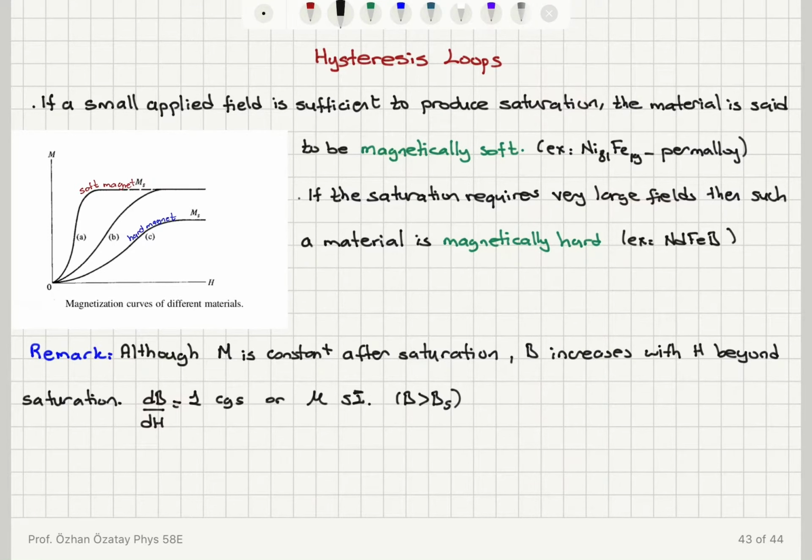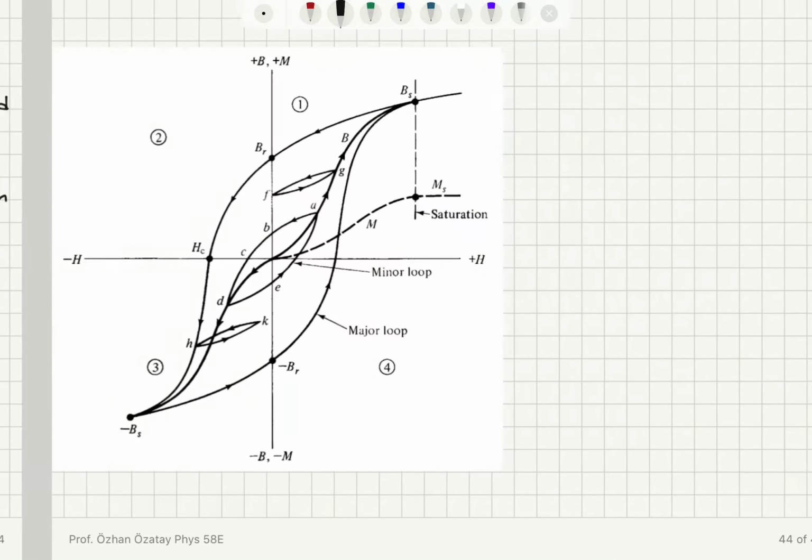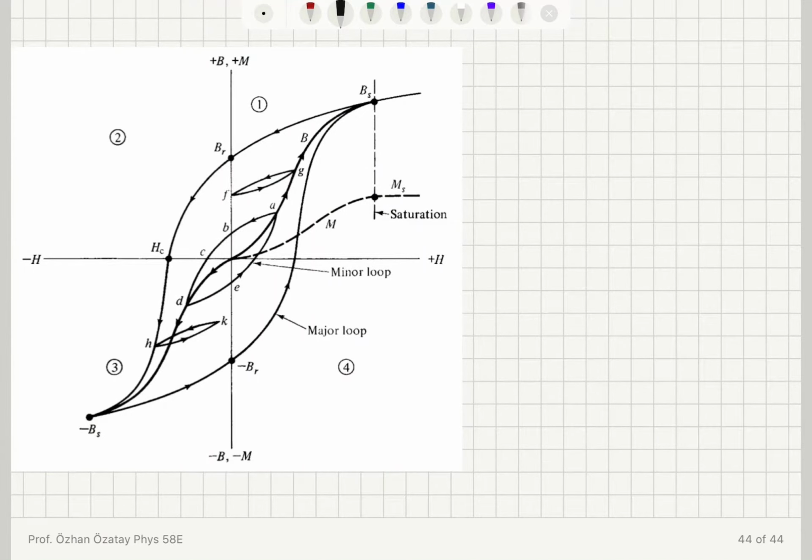Now I would like to concentrate on the hysteresis loop fully. First of all, I would like to saturate the magnet starting from a demagnetized state. So let's put a procedure here. First I'm going to start in a demagnetized state. We're going to talk about how this demagnetized state is obtained in the next video.